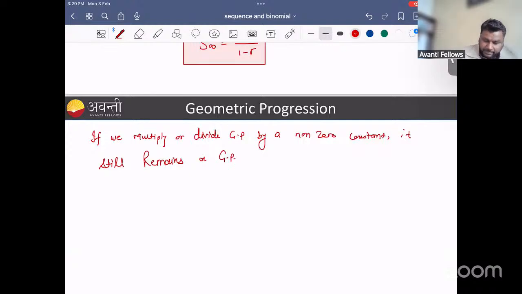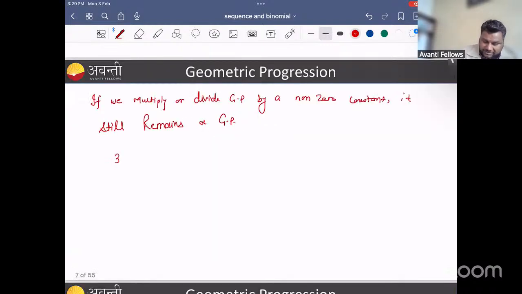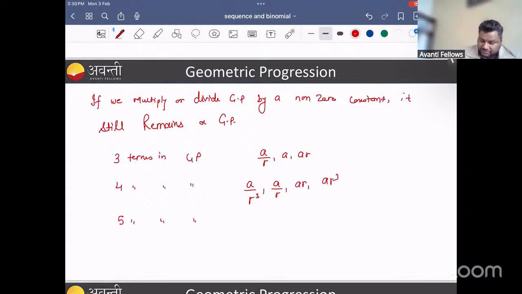Now, sometimes three terms in GP will be A by R, A, AR. Four terms in GP: A by R cube, A upon R, AR, and AR cube. Five terms in GP: A by R square, A by R, A, AR, and AR square. Understood? So sometimes if you have to assume terms in GP, you can assume like this.